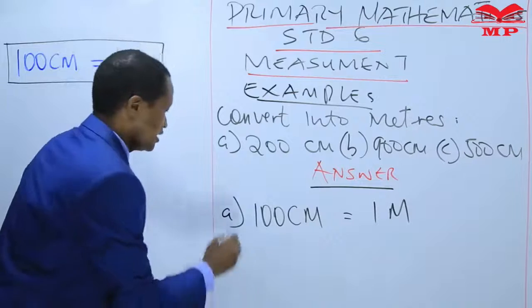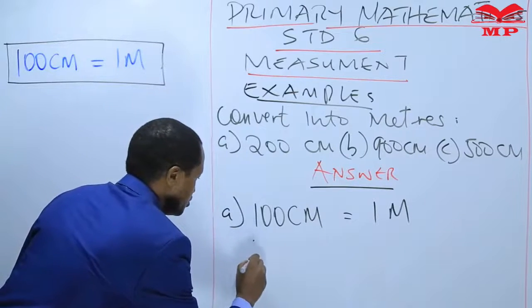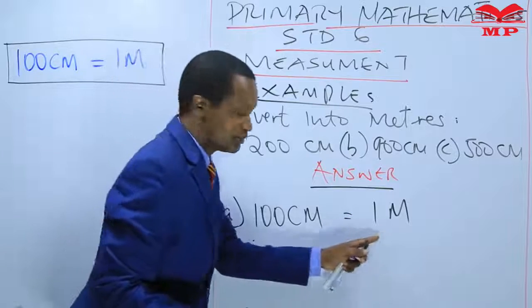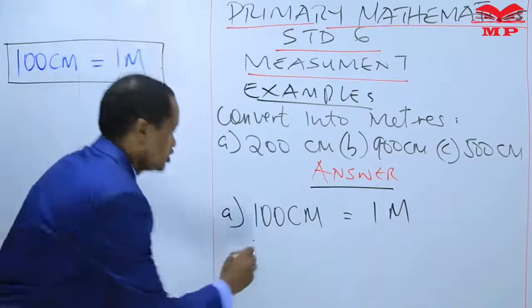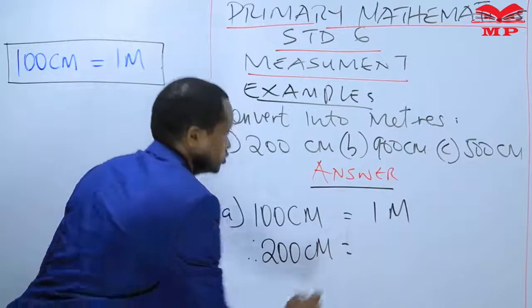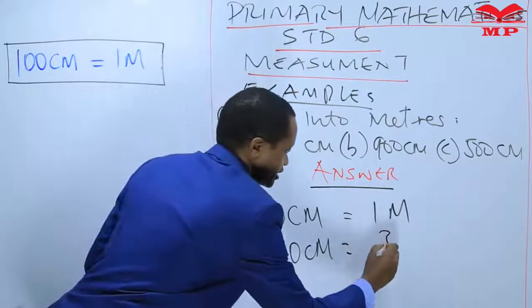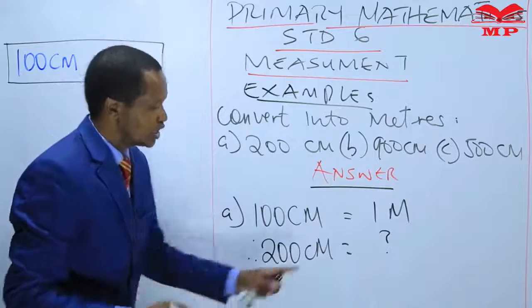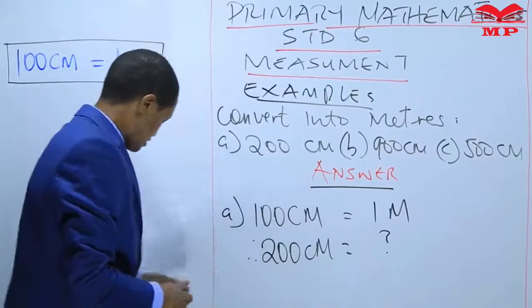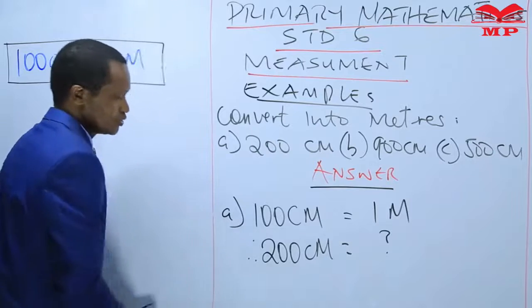Then we come here and say, therefore, if 100 centimeters is equal to 1 meter, then 200 centimeters will be equal to how many meters? Learners, how do we answer that question?